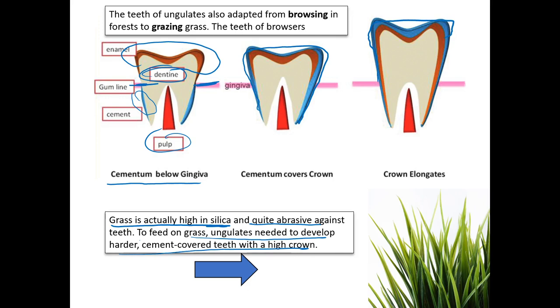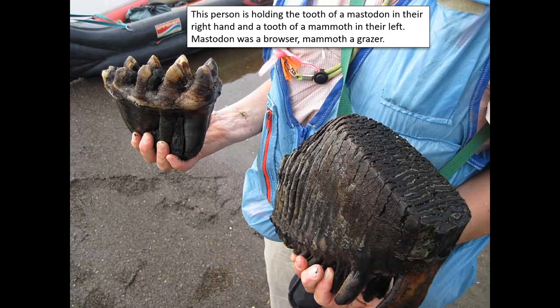So what happens with a lot of grazing animals that eat grass is their teeth start out really high and they start to wear down over their lifetime. So looking at the teeth of grazers versus foragers, foragers are things that are eating herbaceous plants, herbs, broadleaf plants. Grazers are eating grass. You'll notice that this is the molar of a grass eater. This is the molar of a grazer. You can see that this is a very strange tooth.